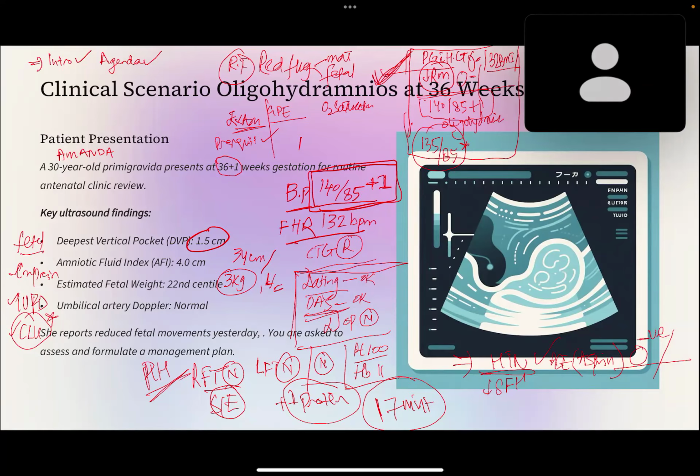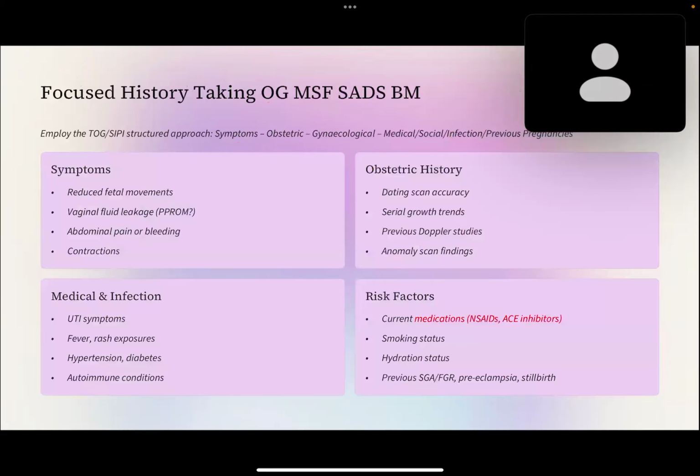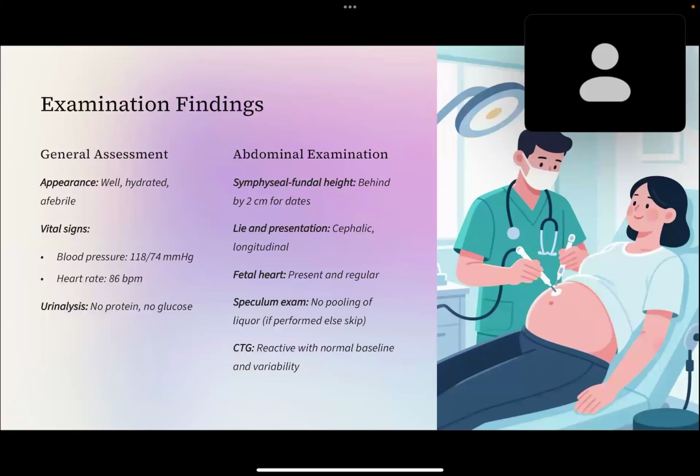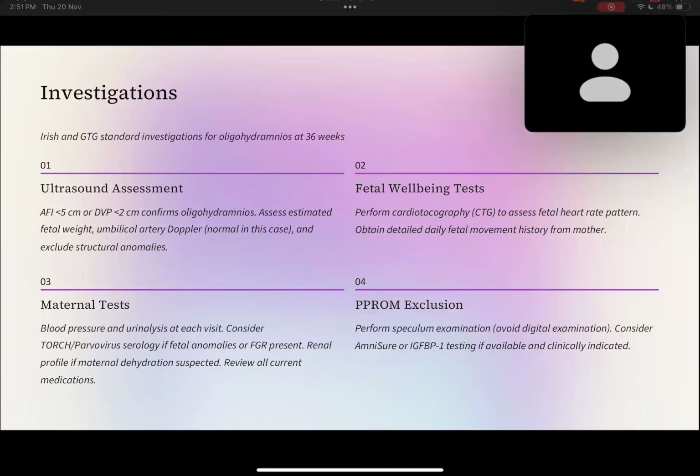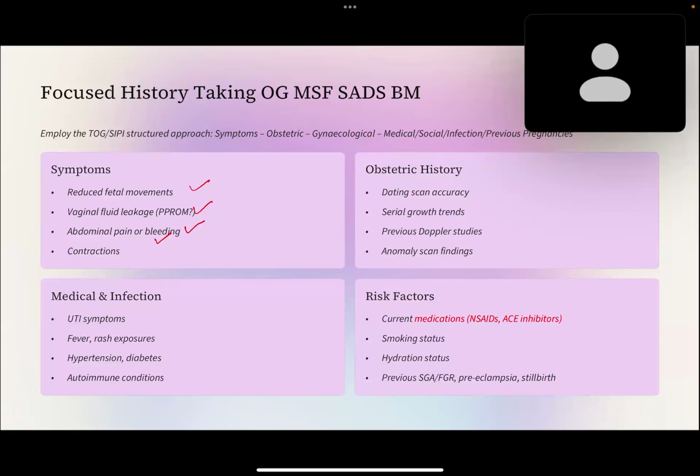So for this patient, when you were prompting in her history of the current pregnancy, you asked about leaking, bleeding, reduced fetal movements, any contractions, because oligohydramnios can be there. When you went for the obstetrical history, we don't have one because she was a primigravida.